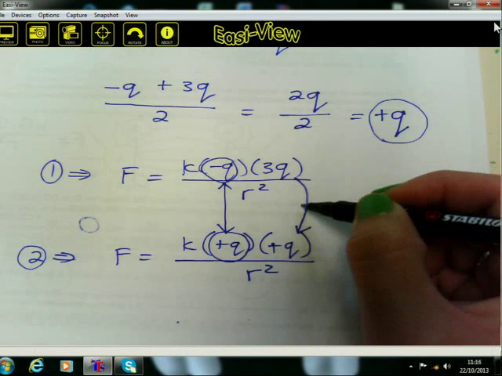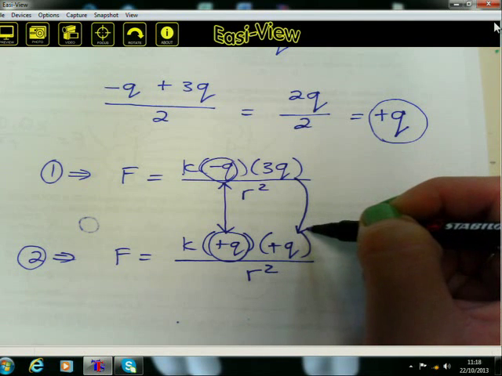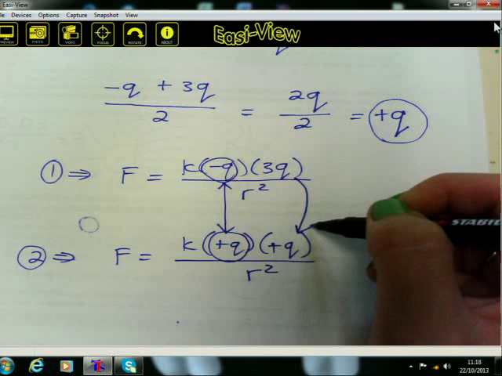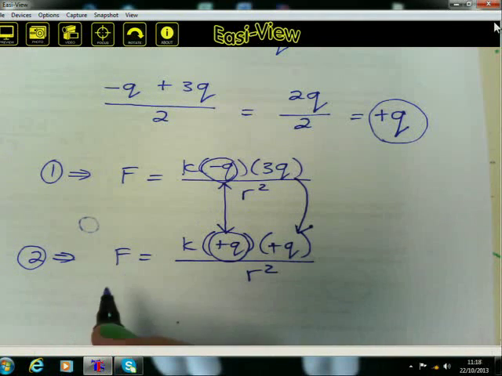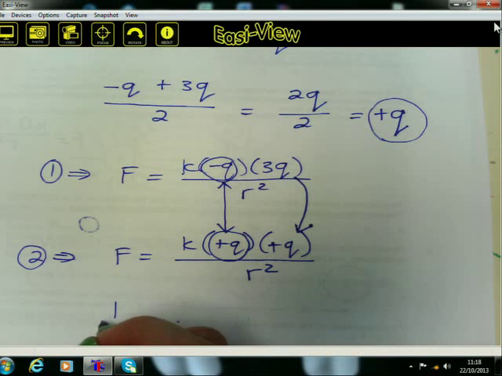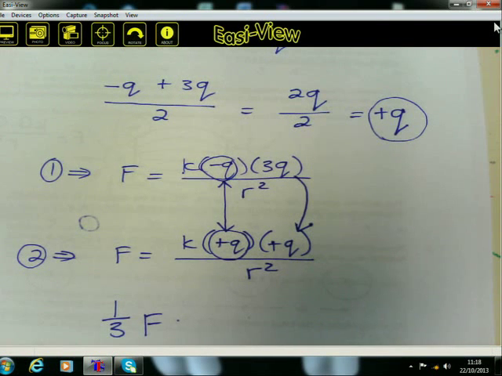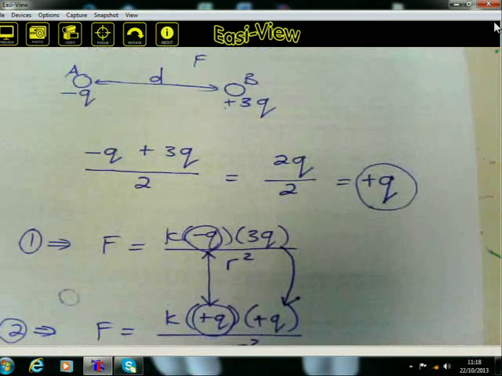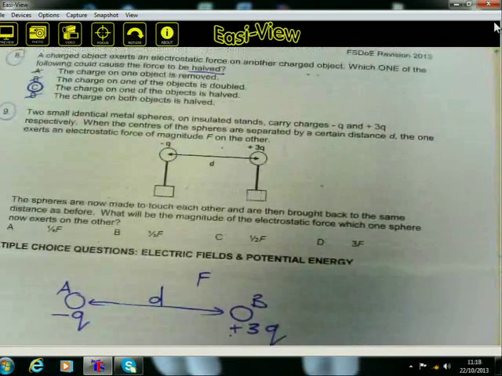So the charge was divided by 3. Q2 was divided by 3 when they touched. So what will happen to F? F will also be 1/3 of the original. And let's see if we have an option for 1/3. And it is number B.